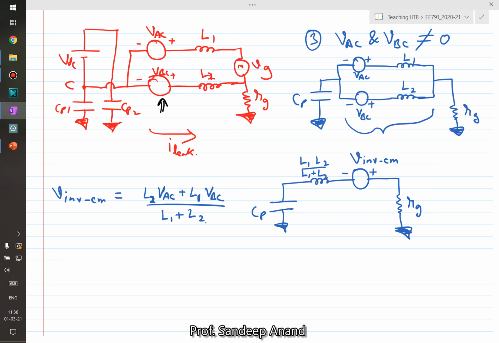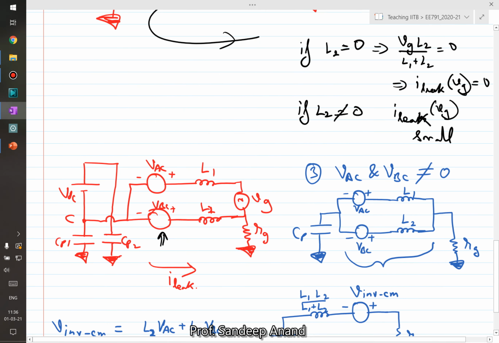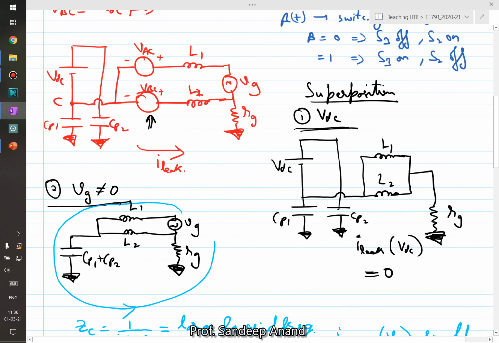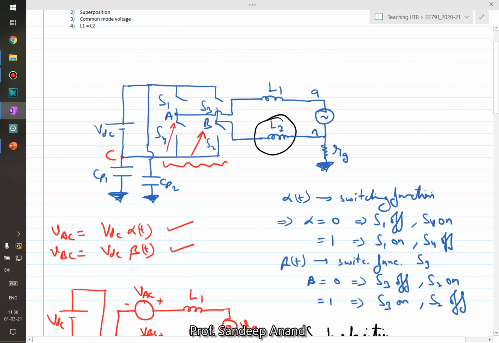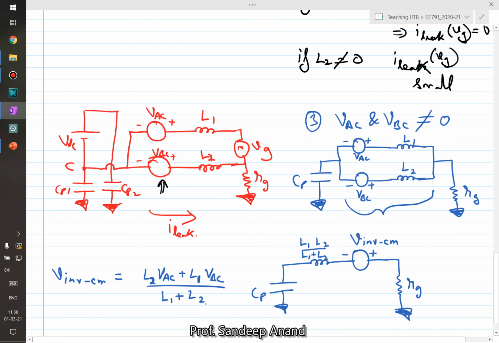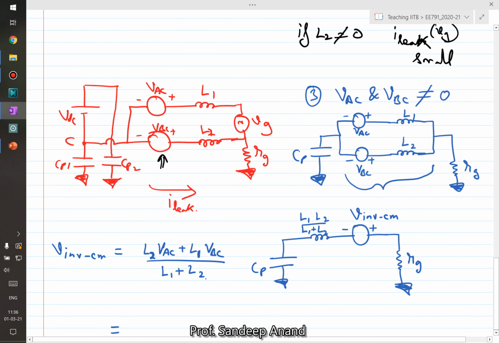Now VAC and VBC we have already found above, and we can just replace. If I scroll above and show you, VAC was alpha times VDC and VBC was beta times VDC. Right? So I can just substitute it here.